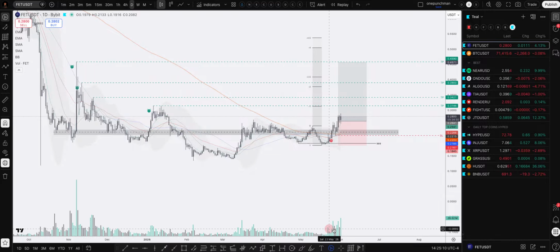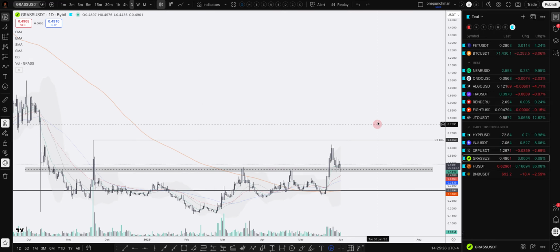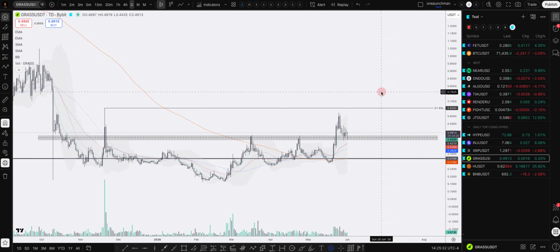These can give you some tells that if volume is coming back into the asset and price is now starting to flip key levels, it could be a good indication that price might start to take off. And nothing is guaranteed, but it's just little things to look at that can help.